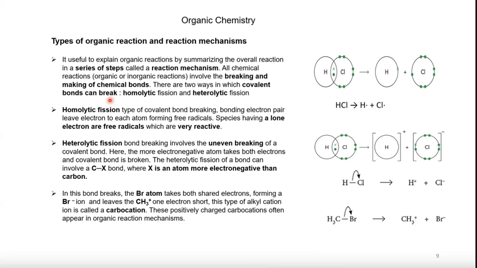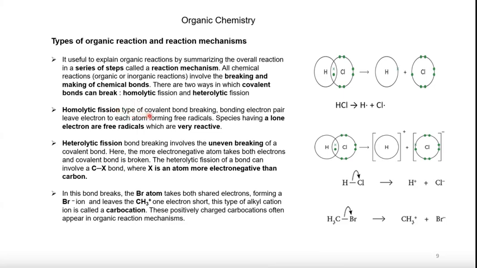Why are we talking about covalent bonds here? Because in hydrocarbons we have all covalent bonds. So there are 2 different ways of breaking a covalent bond: one is homolytic fission, another is heterolytic fission. We now talk a little about homolytic and heterolytic fission.